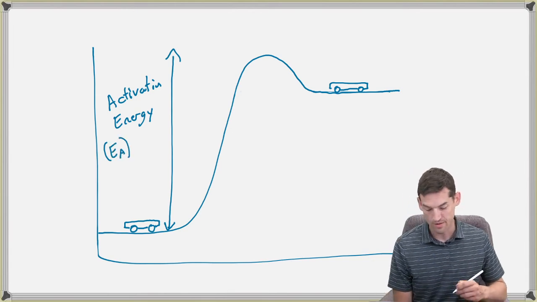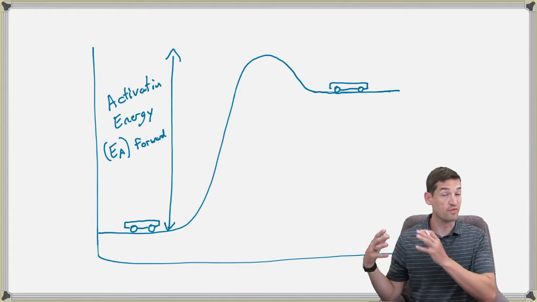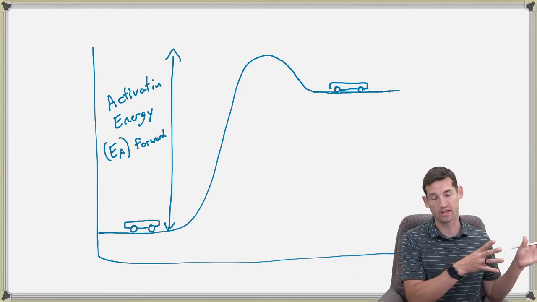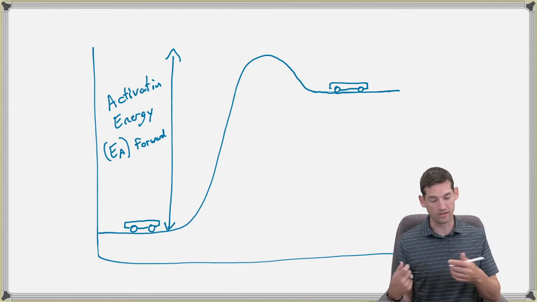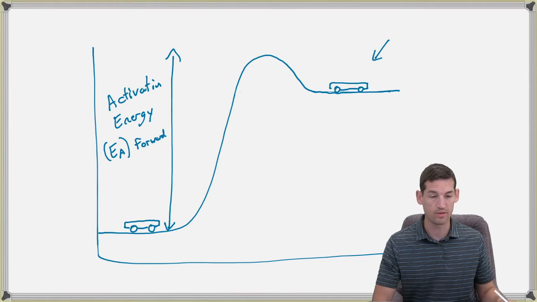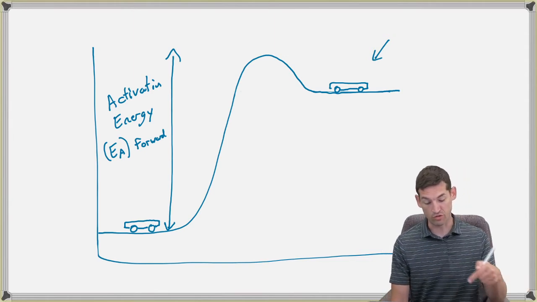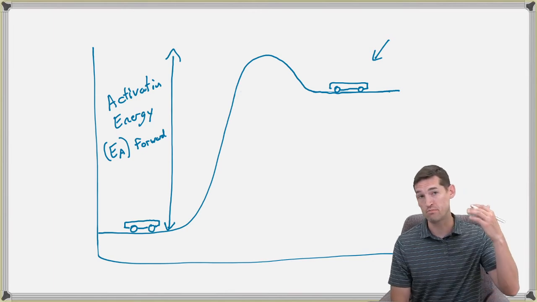Activation energy. But this would be the activation energy for the forward reaction, right? If we're moving from the reactant side to the product side. Remember that some reactions can go backwards as well. So if we were talking about starting up here at the top, and I want to get to the bottom, I don't have to put in as much energy. I'm already most of the way up.